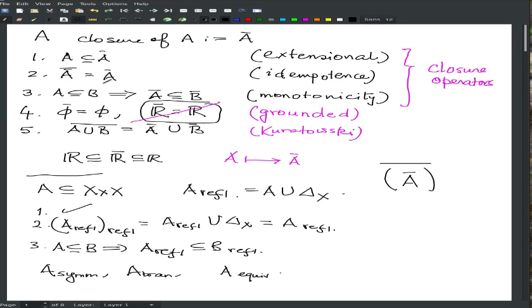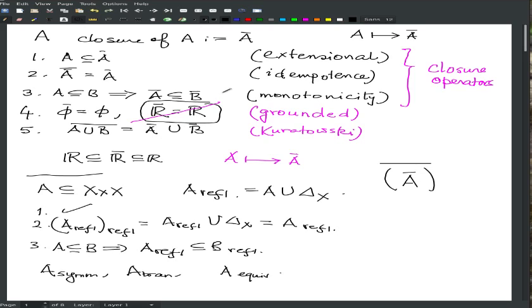To every subset we were assigning another subset called the closure of A. These three properties say that the closure of A is something bigger than A. If you take the closure of A and then further the closure of A bar, you don't get anything more, you just stop at A bar.